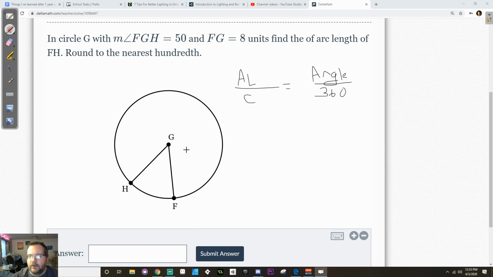So the circumference in this case, the diameter is going to be 16. So the circumference is 16 times pi. And what does that turn into? So that's 50.27.